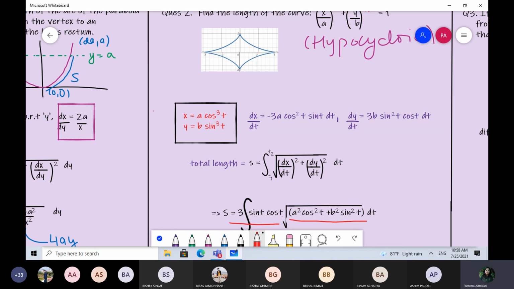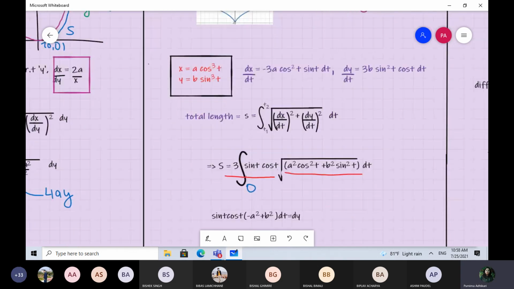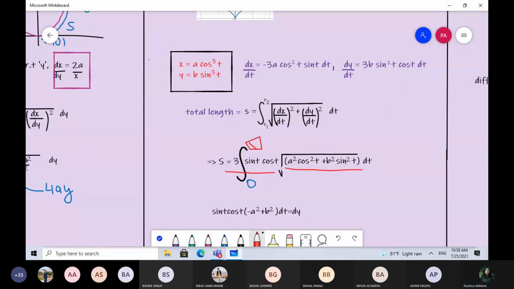Now, how will you integrate this? Just in one assumption, we will get the result easily. But what will be that assumption? I need to mention limits of integration also. What will be your limits of integration? Sorry, what am I saying? Substitution part.